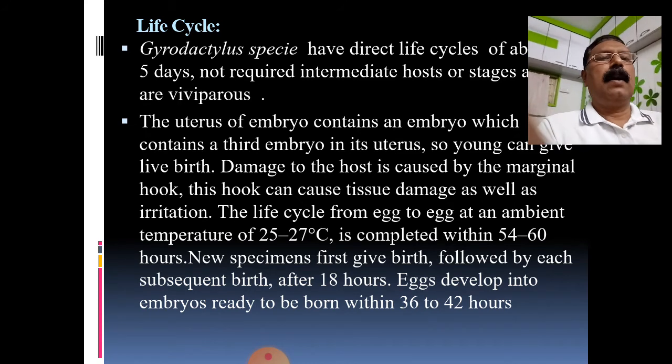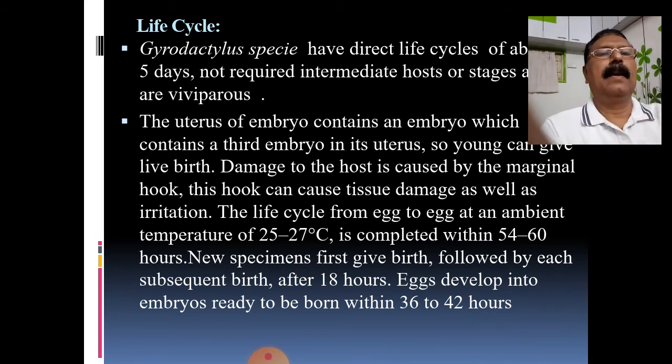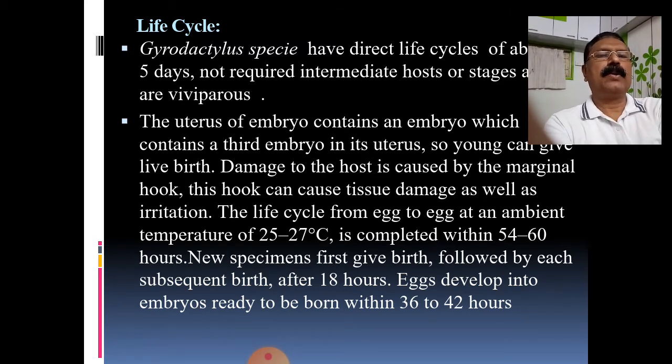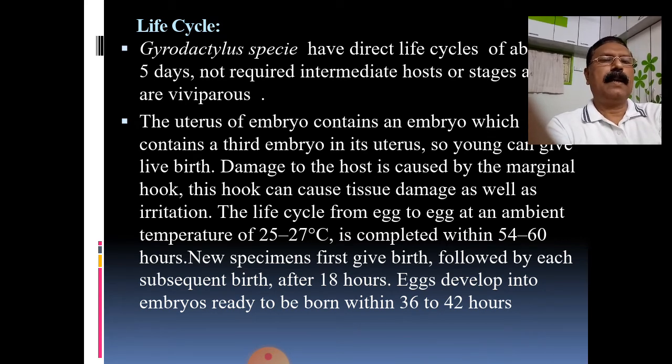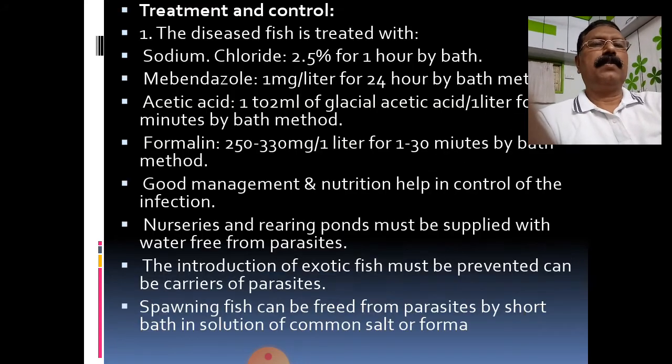The eggs develop into the embryo, ready to be born within 36 to 42 hours. That means at 25 to 27 degrees centigrade, the life cycle is completing within 54 to 60 hours, and the new individuals will form within 18 hours, and the egg develops into the embryo ready to be born within 36 to 42 hours.